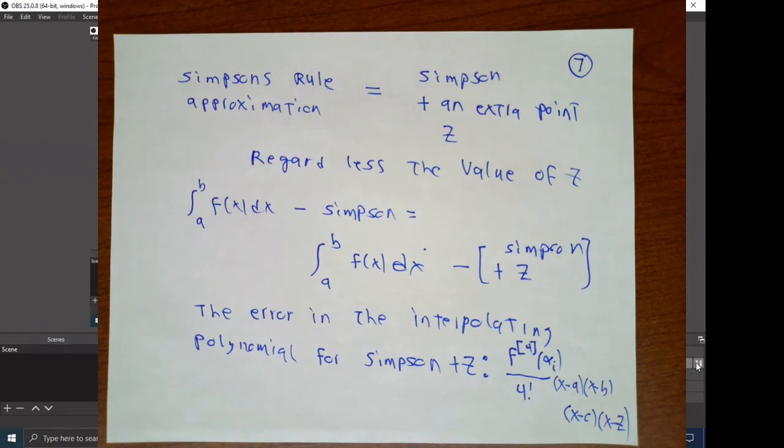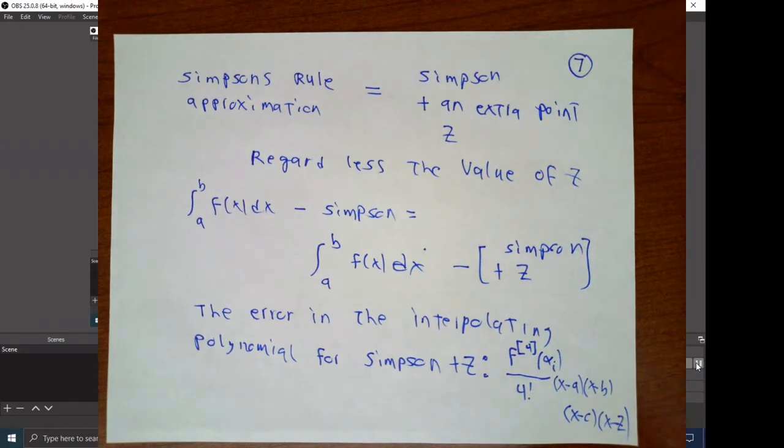Even though the interpolating polynomial using a, b, and c for x values and using a, b, c, and z for x values are different, it turns out that the integral of those quantities over the interval from a to c are the same.